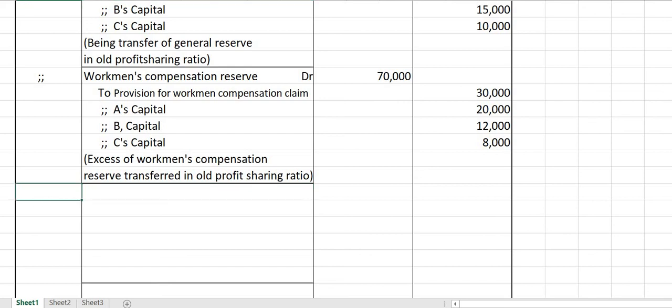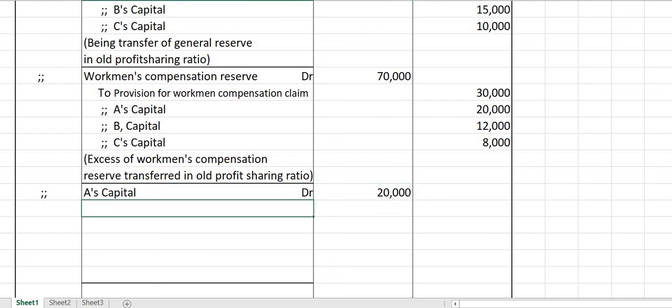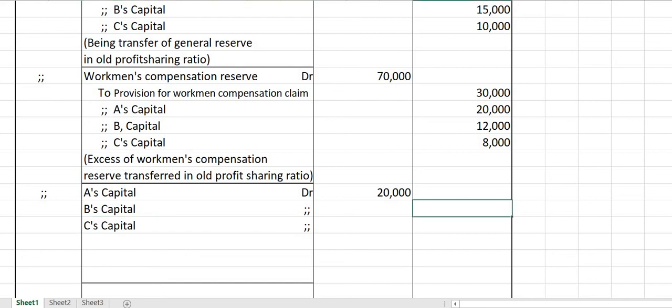Then regarding adjustment of goodwill, A's capital debtor, A as the sacrificing partner, A's capital debtor 20,000 to B's capital 10,000.